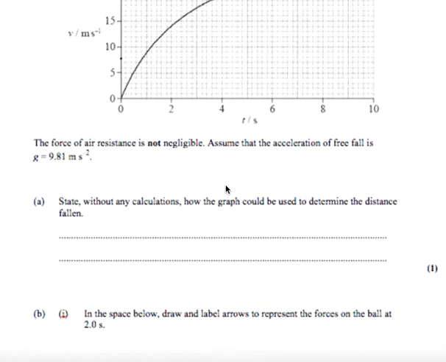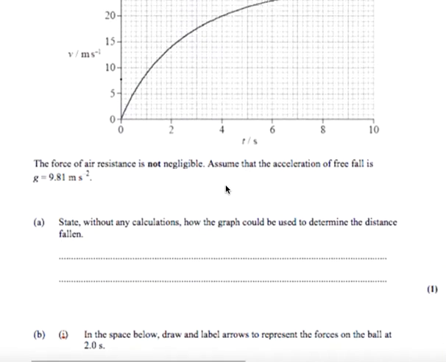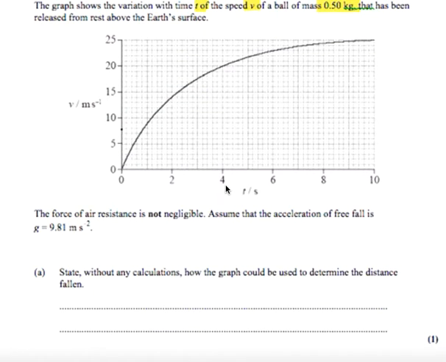State, without any calculations, how the graph could be used to determine the distance falling. Well, we want distance. We're given velocity and time. Velocity is measured in meters per second. Time is measured in seconds. And we want to combine these two somehow to give us distance in meters.